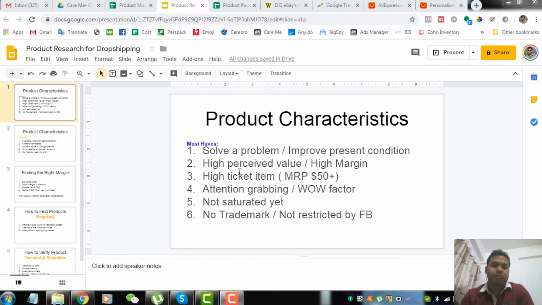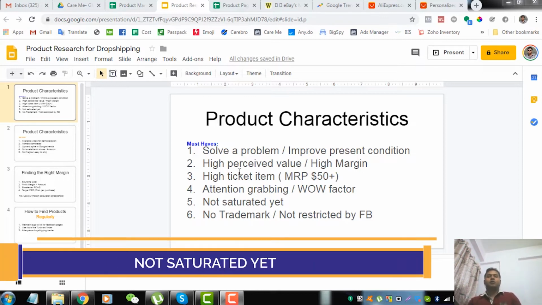If your product misses these key features, it will fall short. You'll see your CTR decreasing and your CPM increasing, because people are not attracted to the product. So the attention grabbing factor should be another major criterion for our product selection.